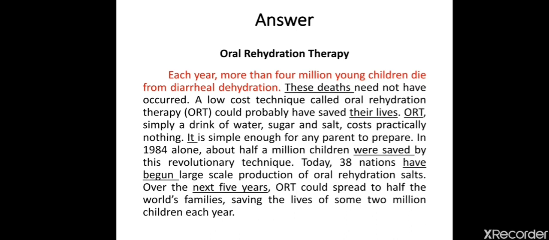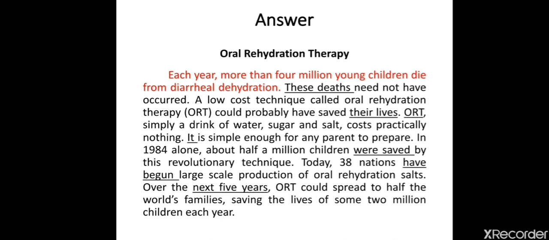So, next to the first topic sentence, this is second. A low cost technique called oral rehydration therapy could probably have saved their lives. Here, the connecting idea is their lives. In the previous sentence, we talked about 4 million young children.